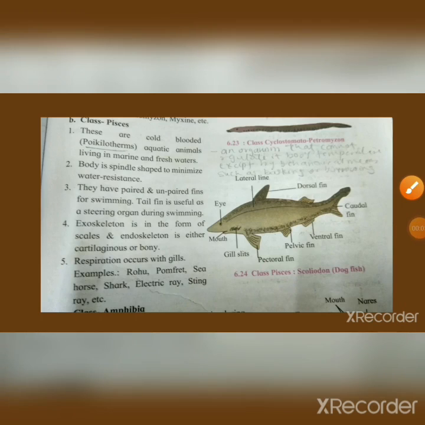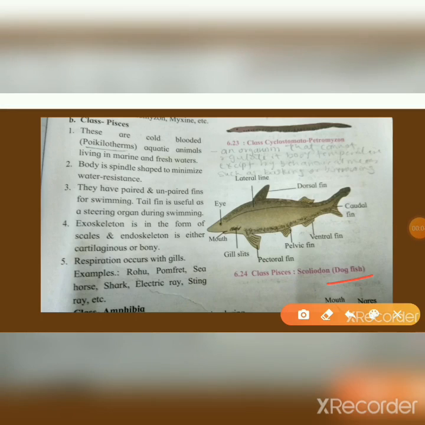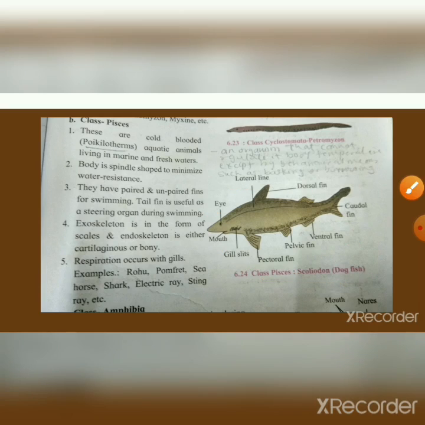Class Pisces. With the help of the figure we'll see dogfish: mouth, eye, lateral line, dorsal fin, caudal fin, ventral fin, pelvic fin, pectoral fin and gill slit. These animals are cold-blooded poikilotherms, aquatic animals living in marine and fresh waters. Body is spindle-shaped to minimize water resistance.